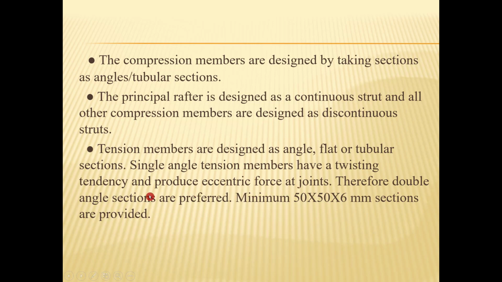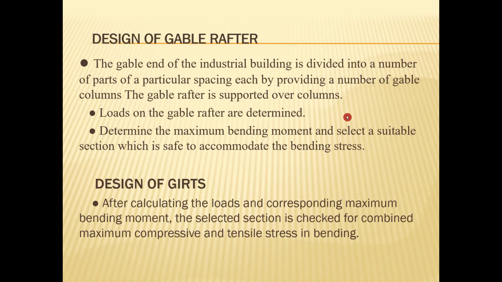Therefore, double angle sections are provided. So this gives the guidelines. Normally, compression members are designed with angle or tubular sections, and tension members with single angle sections. And the principal rafters should be designed as discontinuous members.